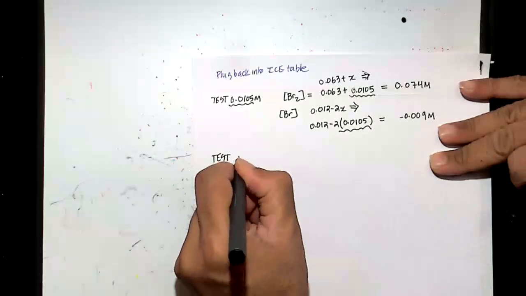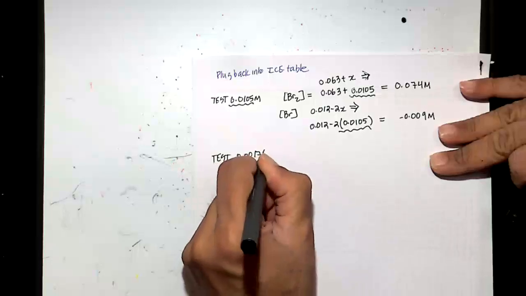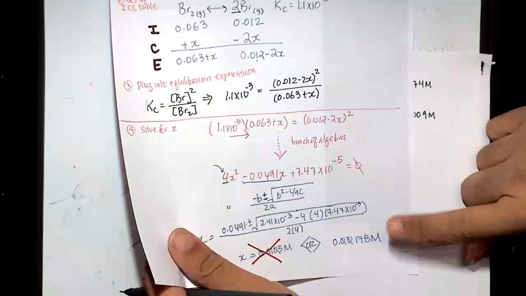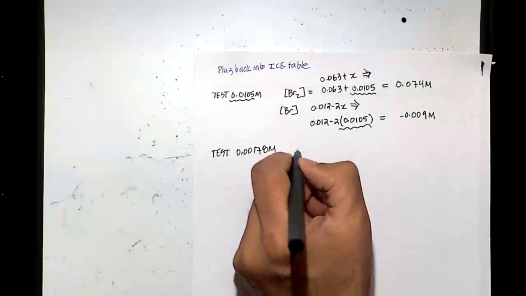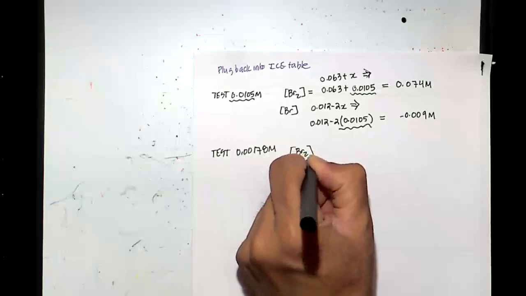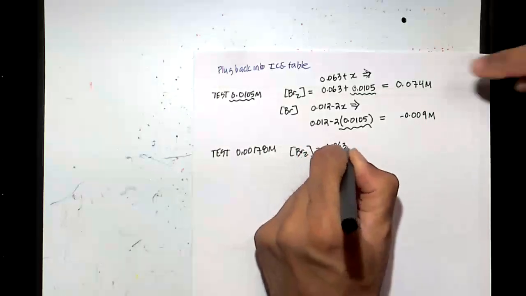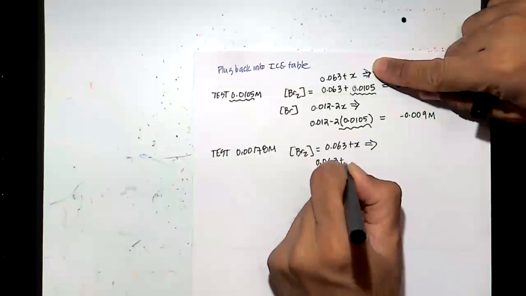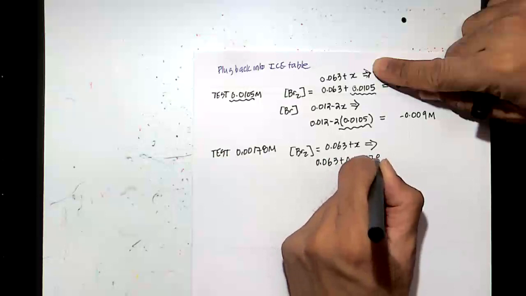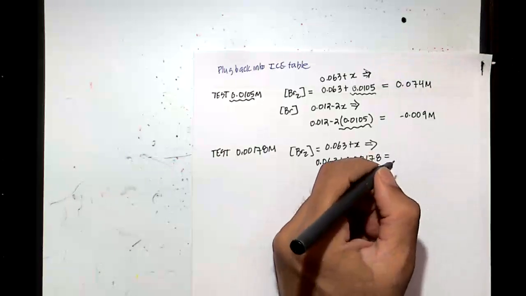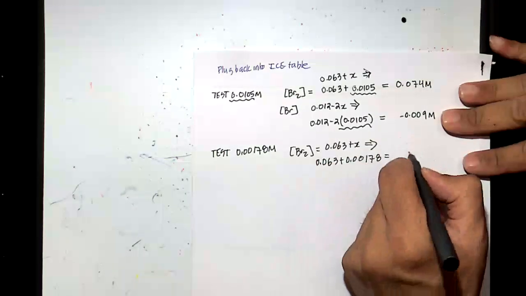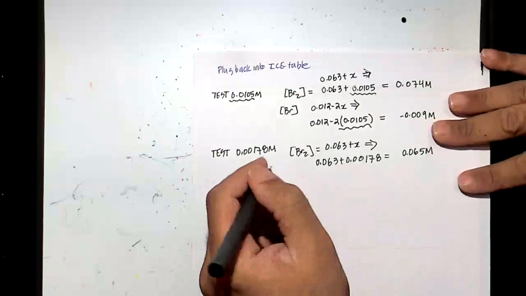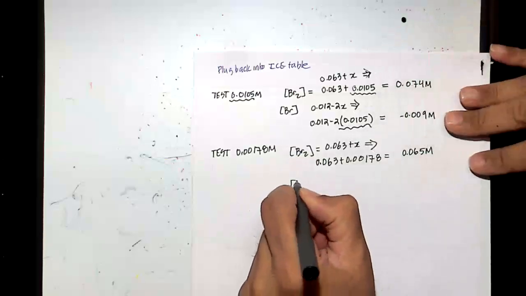We'll first do Br2, which is 0.063 plus x, which is 0.063 plus 0.00178. On my calculator, I get 0.065 molar. That's good.